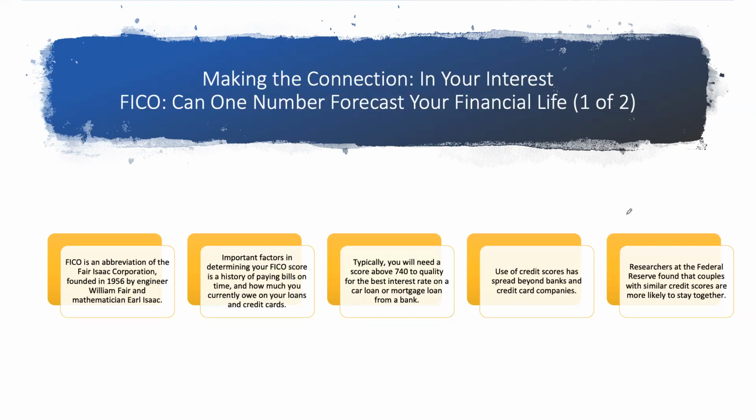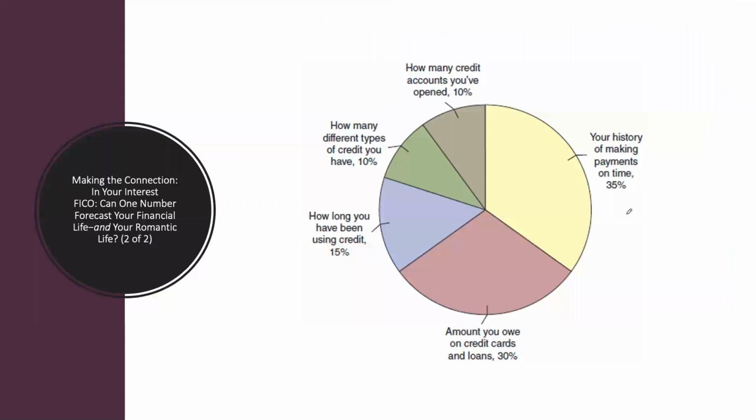It was founded in 1956, and they came up with the first mathematical model in order to score people on their creditworthiness. Typically, on a scale of 850, you need a score of about 740 or more in order to qualify for the best interest rate on a car loan or mortgage loan. So you need to have a high FICO score. And the way this FICO score is calculated is fairly straightforward.